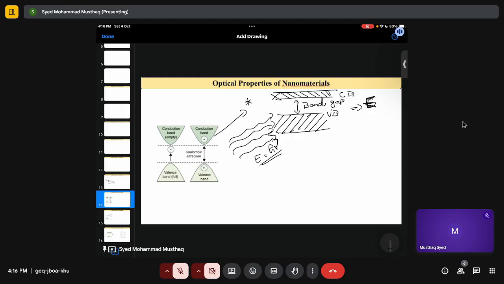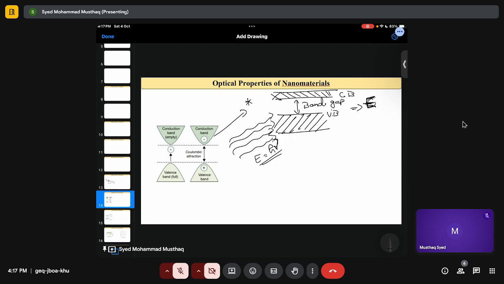And if you have a band gap, then those things are called semiconductors, right? Because in metals, so before going to that, let's have a brief recap of what we did in the band gap, molecular orbital theory. We have discussed that whenever you have a little gap between your conduction band and valence band, then they are called semiconductors. And in some metals the bands will overlap, which is the case for metals.